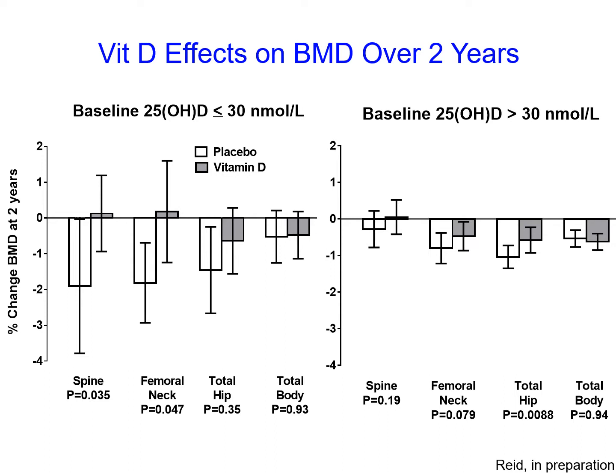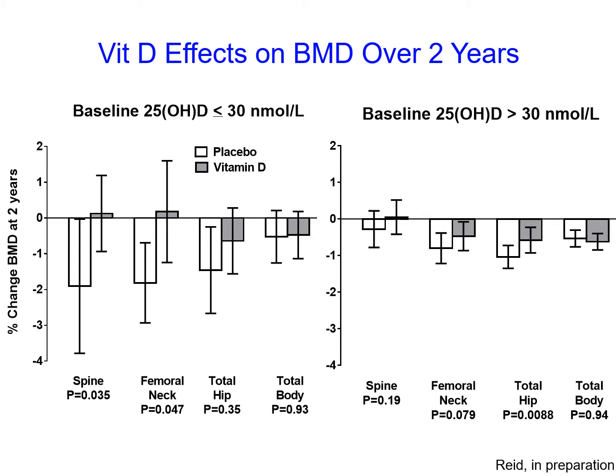But what we do see is that the small number of people who started with values less than 30, if they weren't given active treatment, lost a couple of percent of bone density in the 2 years of the study, and if they were given vitamin D, that loss was completely prevented.